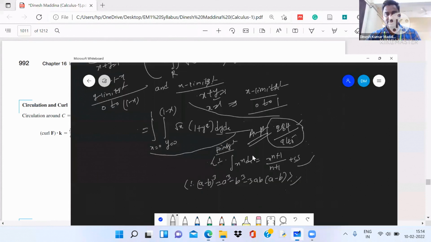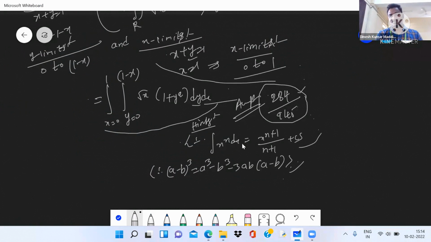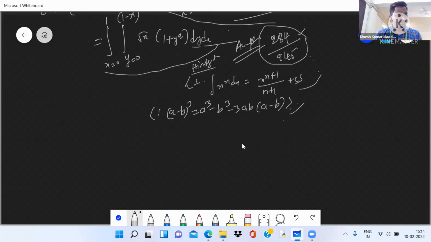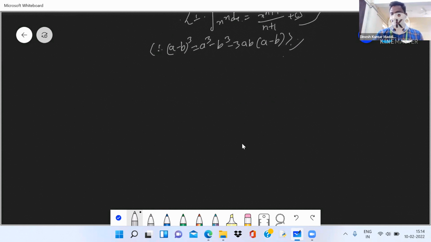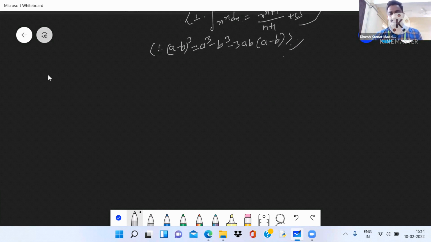I'm writing the formula here, Green's theorem. F is equal to Mi plus Nj, a vector field.